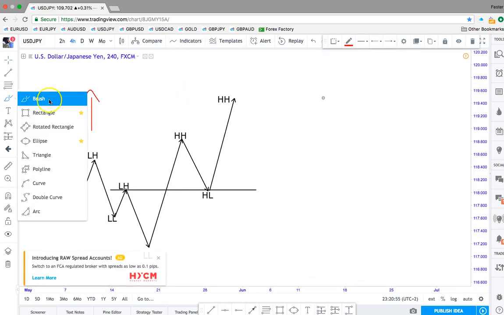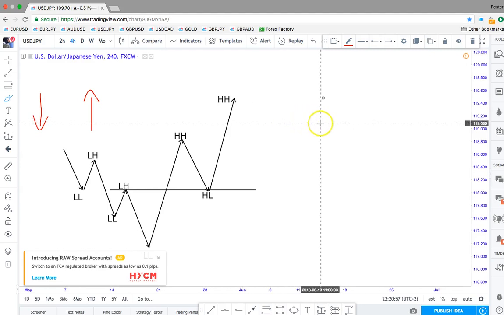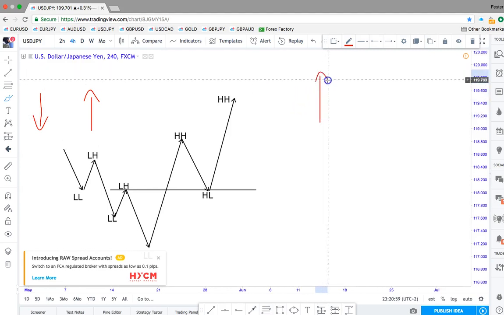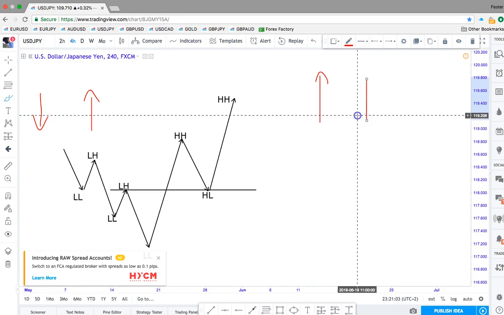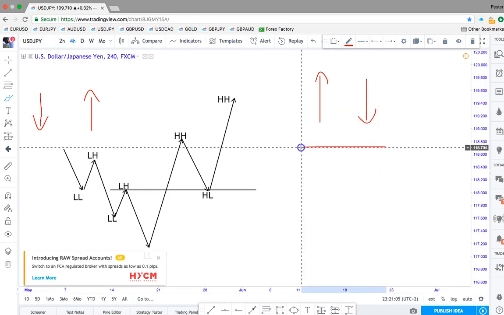Oopsie daisy, what's going on here? Crash. So from an uptrend to a downtrend. Exact same thing.